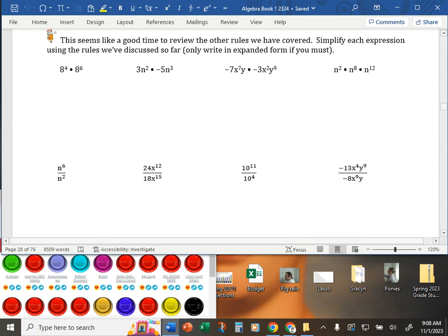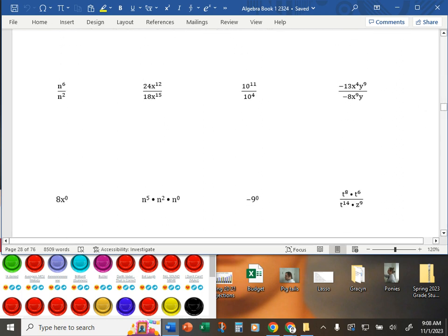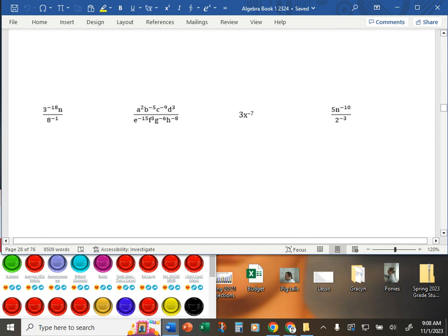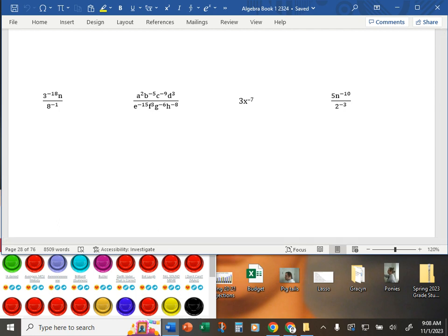It's a review. Okay. Second row, CO11. You see those fractions? Dividing by the same base there. Third row, I see a bunch of 0 powers. Must be talking about CO12 here. And then last one, CO13, a review of negative powers. Kind of a grand review of everything.